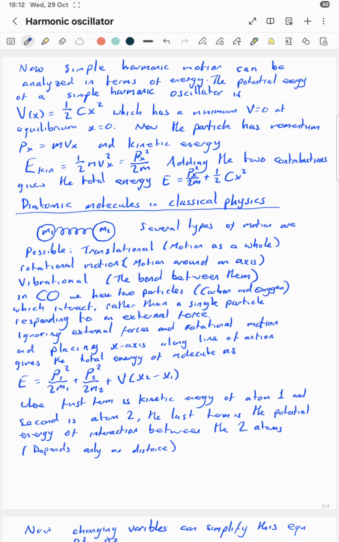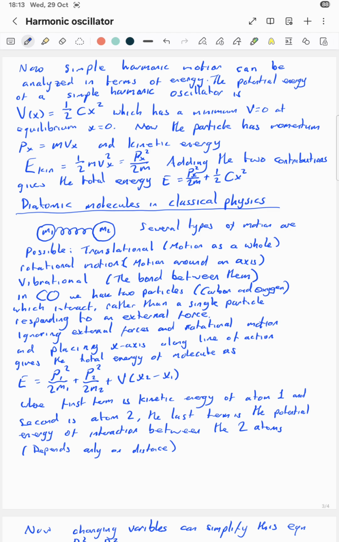Now the particle has momentum p sub x equals m v sub x, and kinetic energy E kin, which equals 1/2 m v squared, equals the momentum p x squared over 2m. Adding these gives the total energy E equals p x squared over 2m plus 1/2 c x squared.